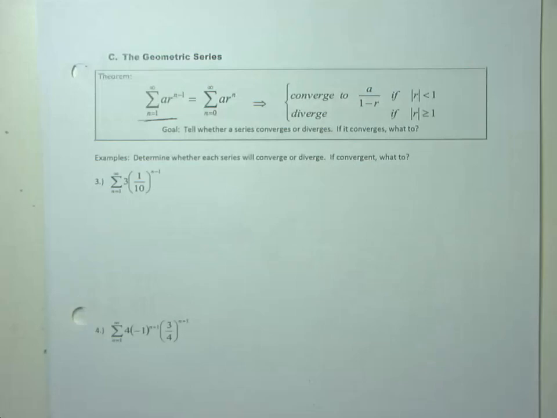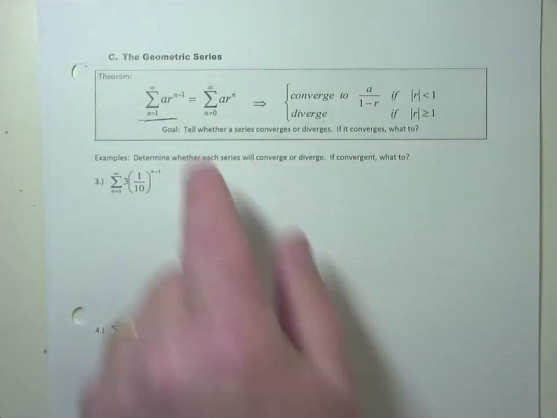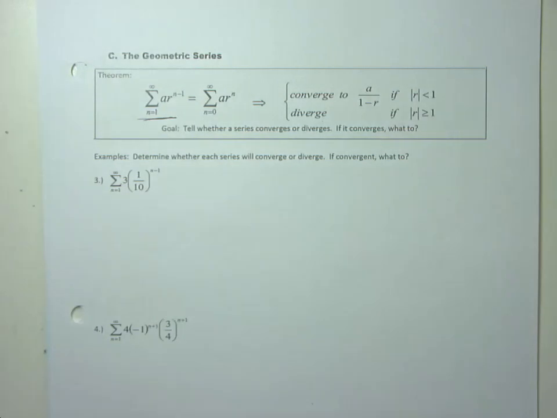But here's the deal on a geometric series. Once you've identified a geometric series, and that r is the ratio that you multiply the first term by to get to the second term. It's the same r you multiply by the second to get to the third term, so forth and so on. And here's the deal. I told you, in a geometric series, we know exactly what the series adds up to be.